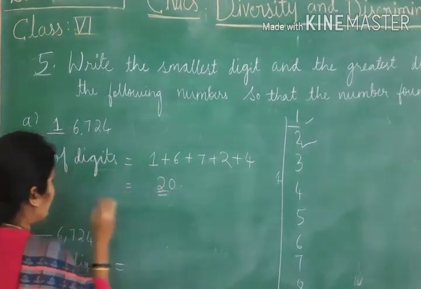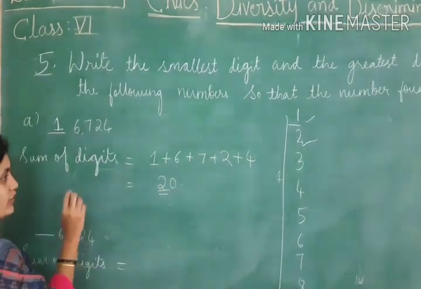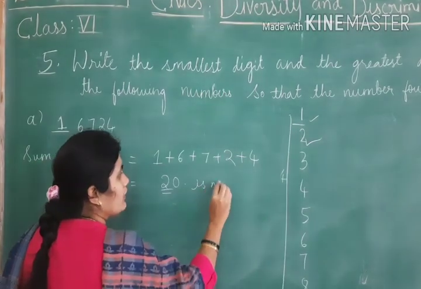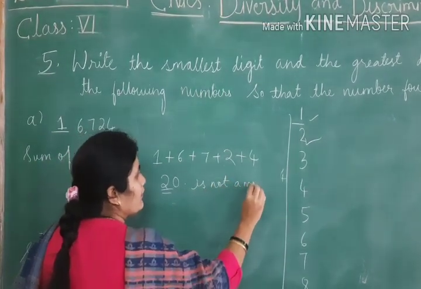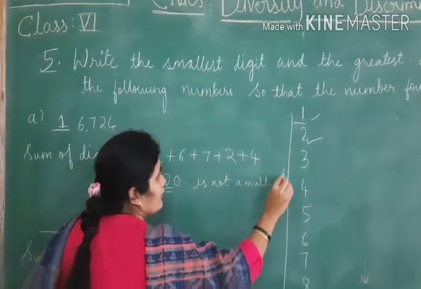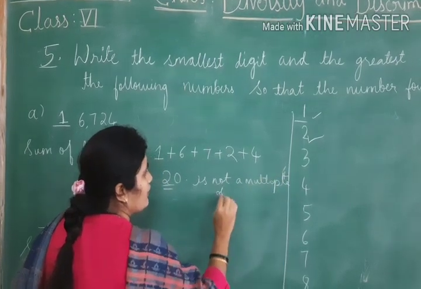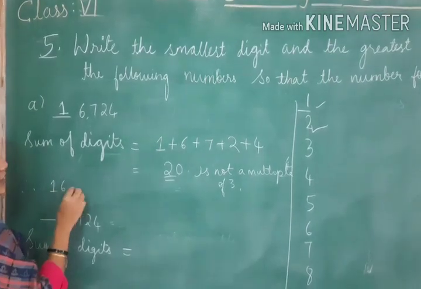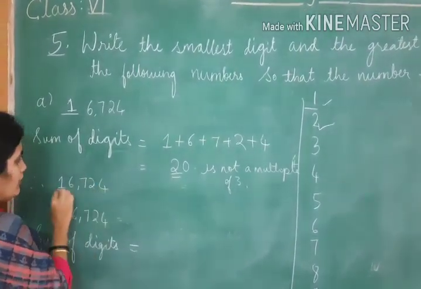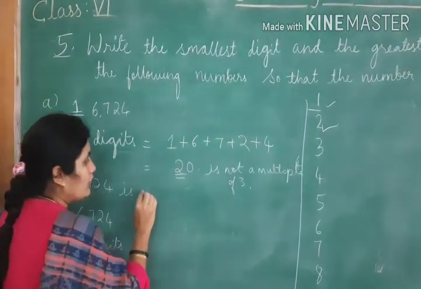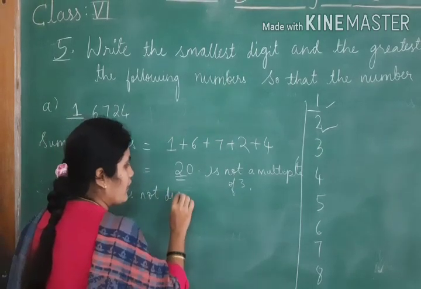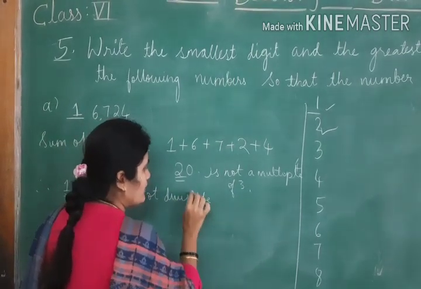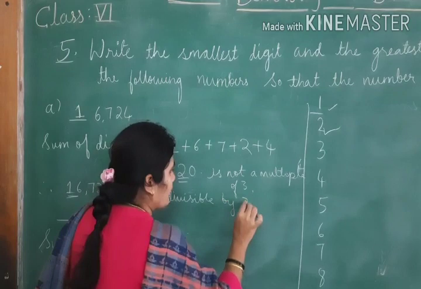So as you can see, 20 is not a multiple of 3. Therefore, we can say that the number formed, 16,724, is not divisible by 3.